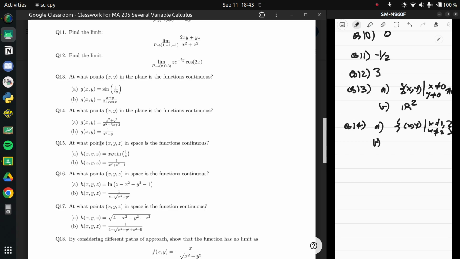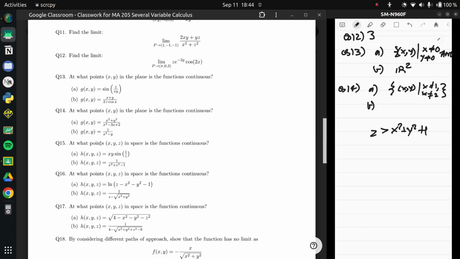Okay. At what points in space is this function continuous? Whenever you have z bigger than x plus y square plus 1. Which is what region? What sort of a region is that? I suppose it's more like x square plus y square is less than z minus 1.